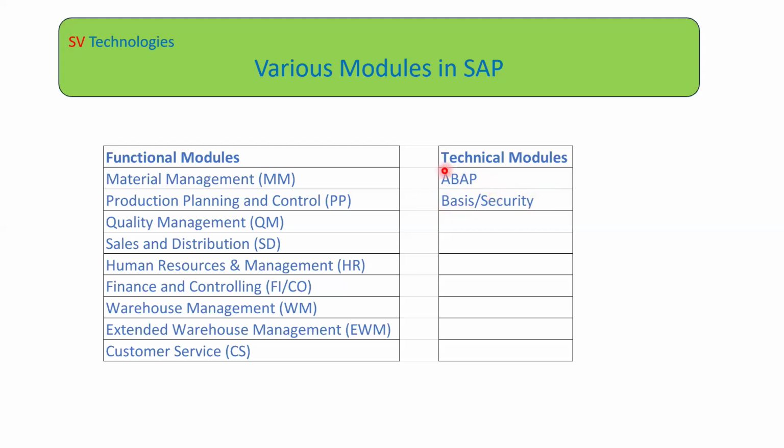Only coding related changes or developments will be done by the ABAP team. In any project, we'll have an ABAP team. As a functional consultant, if any new requirement comes, if any new report has to be developed, or any enhancement or custom object has to be developed, then we have to work with the ABAP coding team. We'll see in more detail how we work with the ABAP team as a functional consultant. So these are the different functional modules we have, and these are the few technical modules.